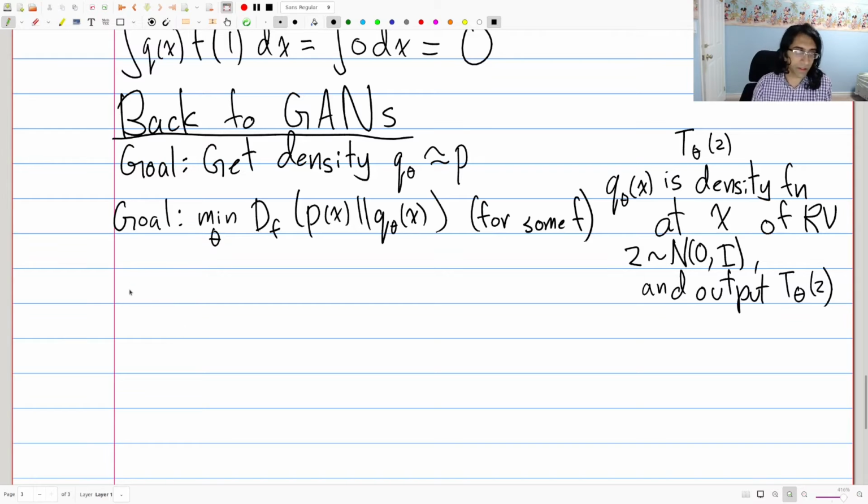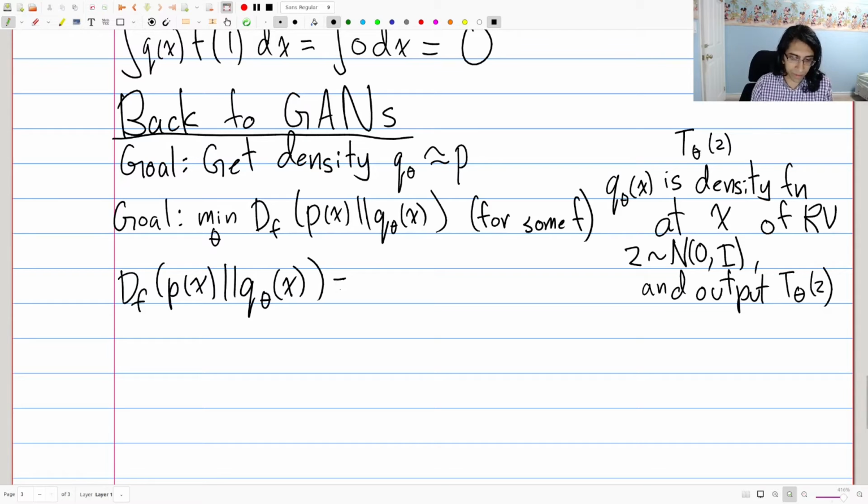So the main thing we're going to do is essentially put these two detours I took you on together. That is, put the f divergence here together with the Fenchel conjugate, and we'll see how something nice pops out without too much trouble. So let's just write this loss function right here, D_f of p(x), q_theta(x).